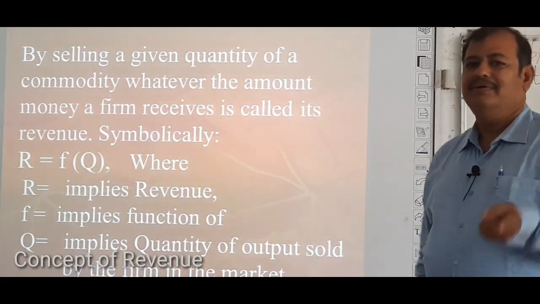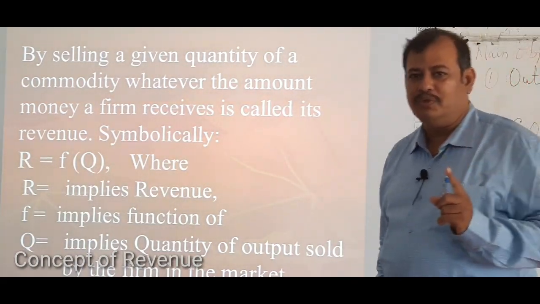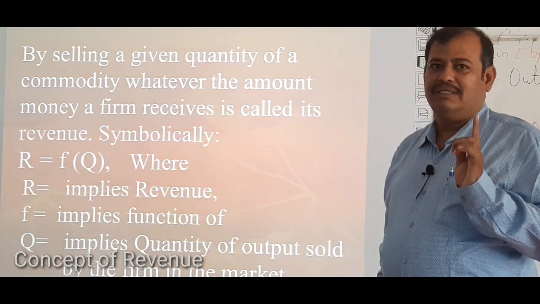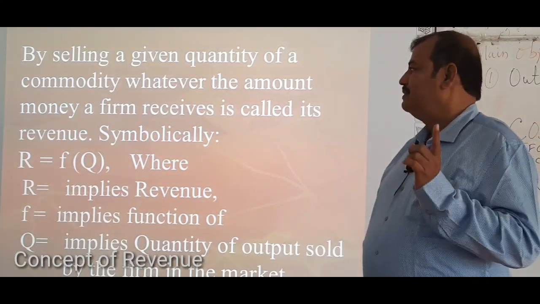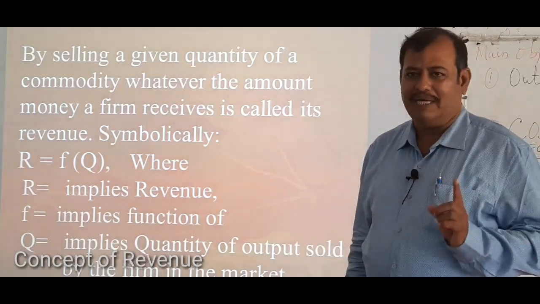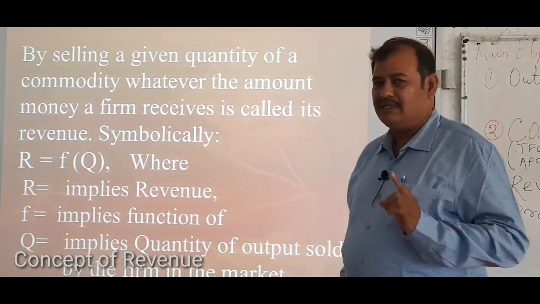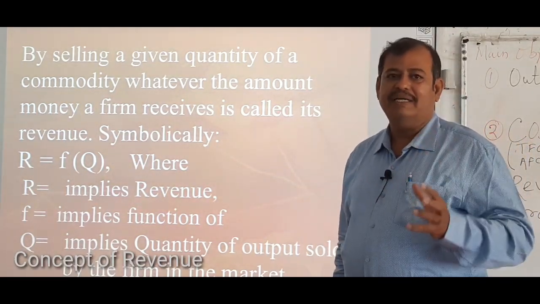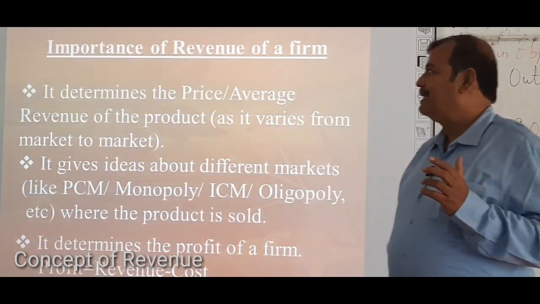Symbolically, revenue is a function of output sold. R is a function of Q, where R implies revenue, f implies function of, and Q implies the quantity of output sold in the market.